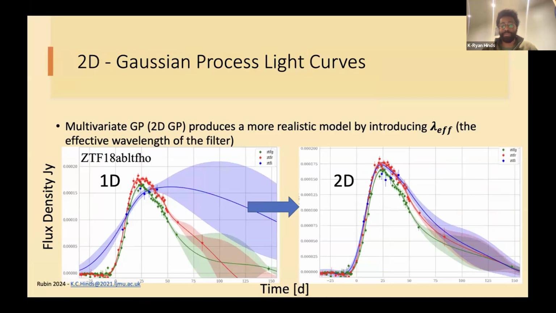And so that enables me to better constrain behavior in each band depending on the behavior in successive bands or nearby bands. So you can see the effect it has on G band if you look at the 1D compared to the 2D. I mean, on I band, which is the blue curve, you can see it really constrains the rise. And so we're able to get a lot more constrained measurements, especially color evolution and the rise time particularly.